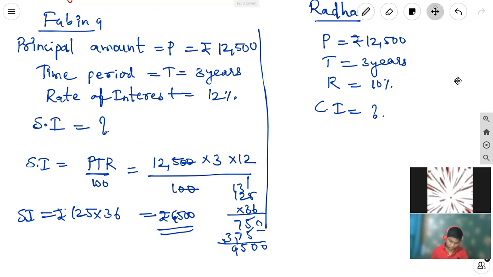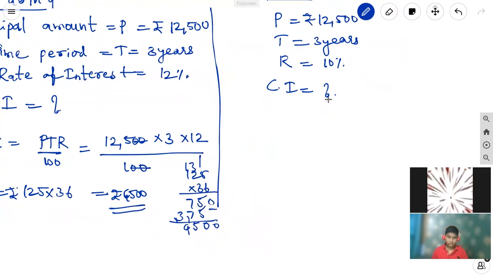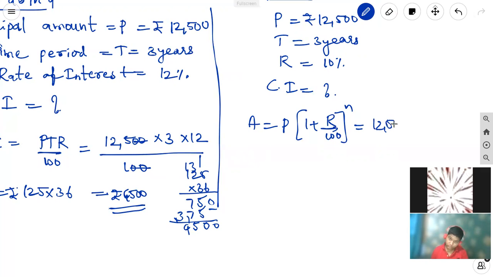Now we can calculate the compound interest. Compound interest means the amount A is equal to principal amount into 1 plus R by 100 whole power number of years, that is N or T. It is equal to 12,500 into 1 plus R is 10 by 100 whole power 3. 10 and 100 cancel.